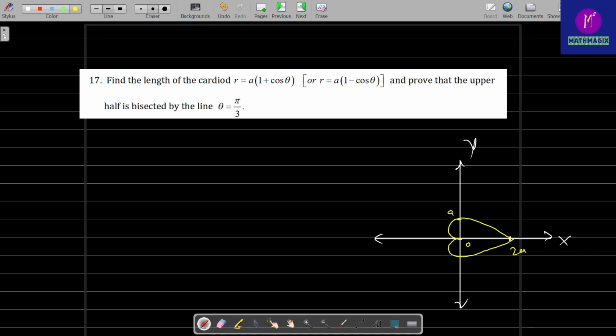So let us try to find that using the formula which is given in the polar form. Here we have r equals a into (1 plus cos theta), that is r is a function of theta. s is the length of the cardioid.